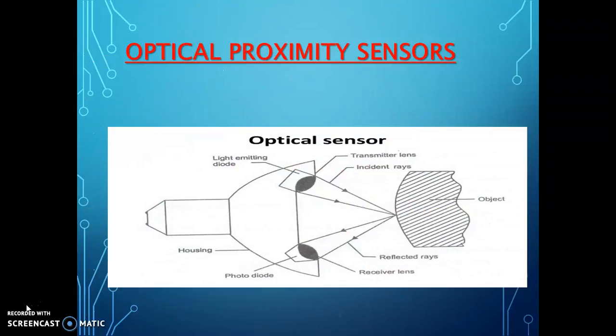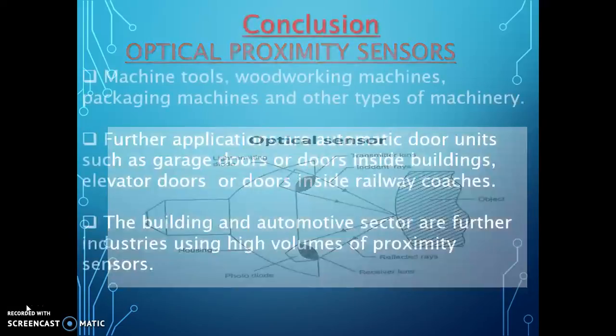The light emitted by the transmitter focuses on the object, which reflects it to be received by the receiver photodiode. The reflected waves travel back and are received by the solid-state photodiode through the receiver lens. This is the working of the optical proximity sensor.